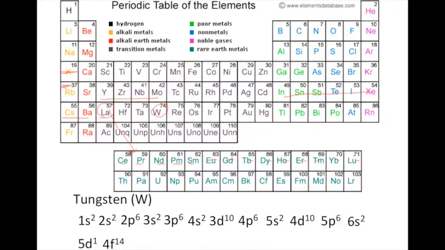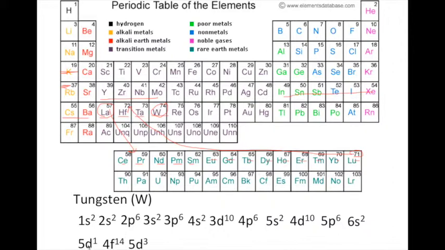Now, after 71, we have to go back up here to 72. Now we're back in that 5d block, so we're going to fill up the 5d 1, 2, 3. So we're going to add 3 more electrons into that 5d orbital. So this would be the electron configuration for tungsten.